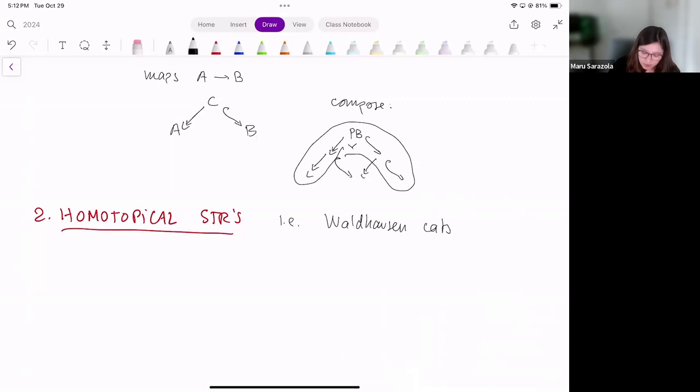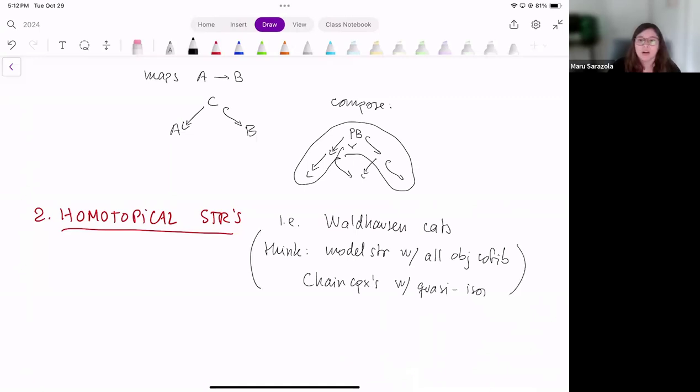So if you've never heard of these, you should be thinking either a model structure where all objects are cofibrant, or if you want a really concrete example to get your hands on, you can just think chain complexes of R-modules with quasi-isos. So both of these are good examples for the kind of properties that I'm going to mention right now.